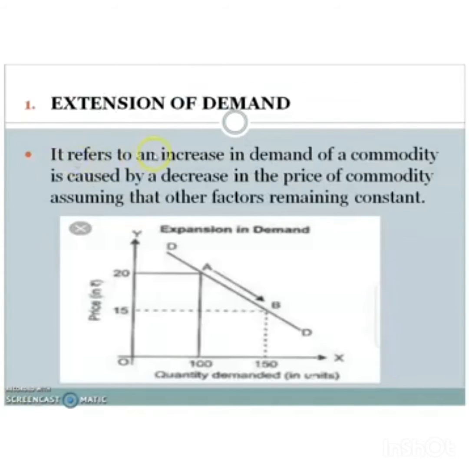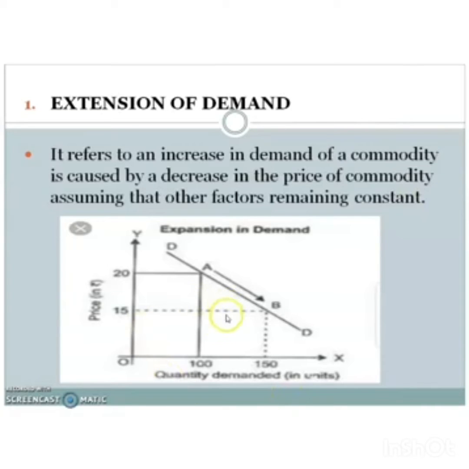It refers to an increase in demand for a commodity caused by a decrease in the price of the commodity, assuming other factors remain constant. We know that there is a negative relationship between price and quantity demanded. If demand for a commodity increases due to a decrease in price, that situation is known as extension of demand.